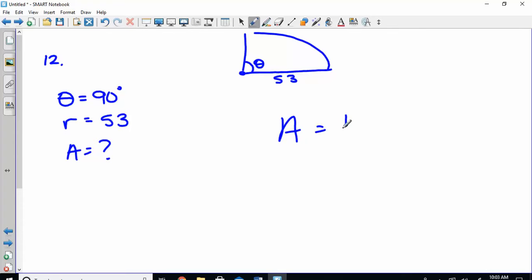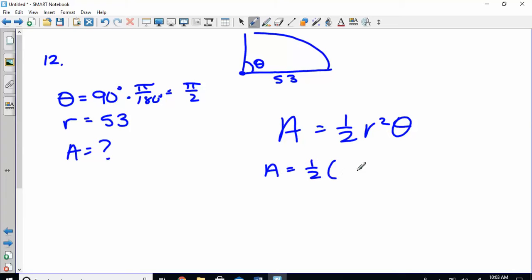So area is 1/2 R squared theta, but we have a problem. For any of the formulas, what has to be true about theta? Has to be in radians. So we know what 90 is, but if you had one you didn't know, remember you can just multiply by pi over 180 and get it. So that's pi over 2. So we have 1/2 times 53 squared times pi over 2. There's several ways you could write it.